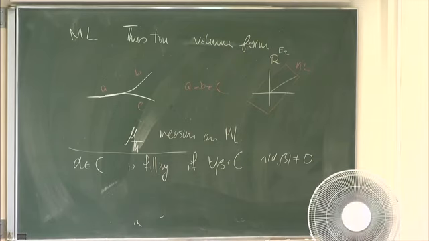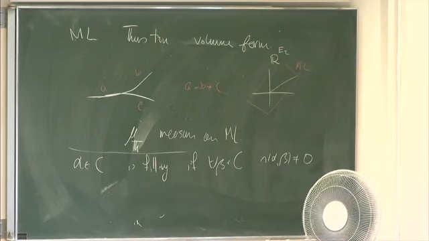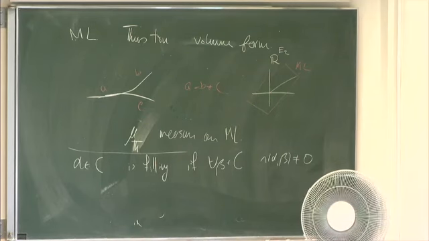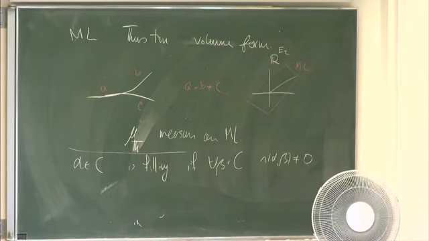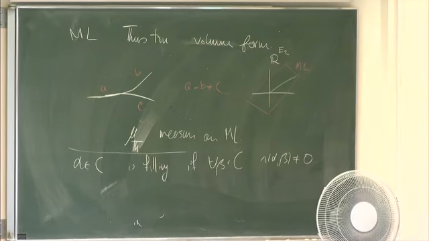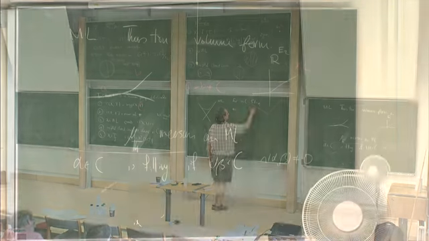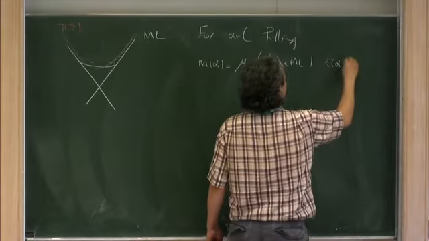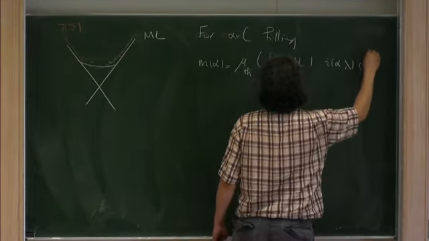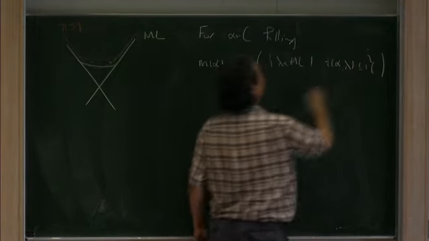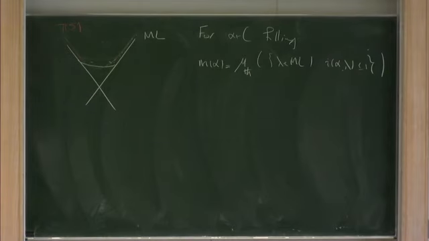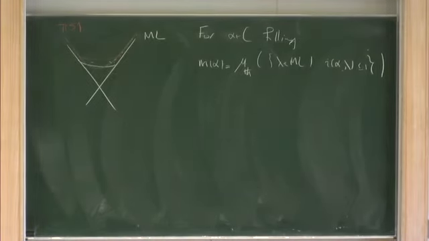So the main theorem. For every alpha which is filling, I define a quantity m of alpha, which is the Thurston measure of the set of laminations lambda where the intersection of alpha and lambda is less than 1. Note that since alpha is filling, this is some compact subset of ML.